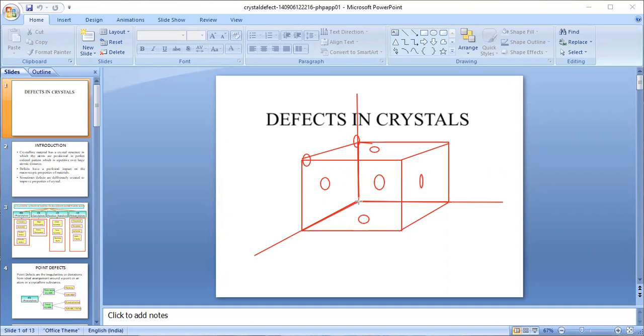We are going to call it C. In this way we define the unit cell with the different dimensions.